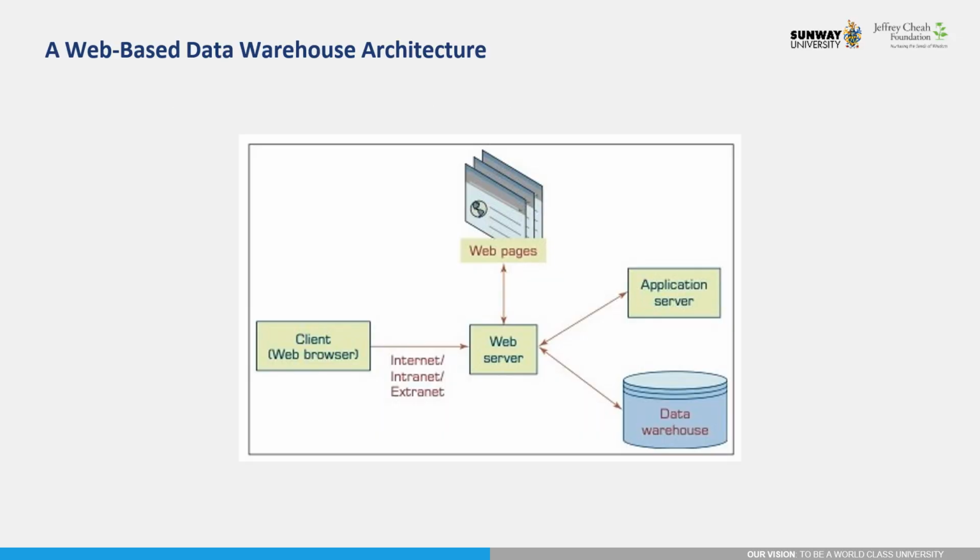Now, web-based data warehouse architecture. We have an application and a data warehouse, and all depend on the web server. We have different web pages, and the client web browser is just a dashboard where the client can see the different material you are providing.